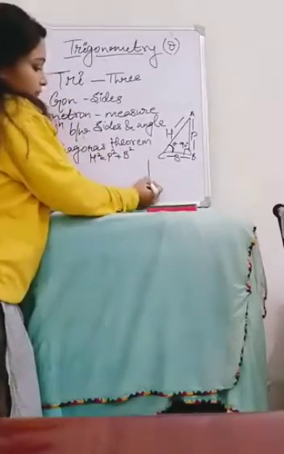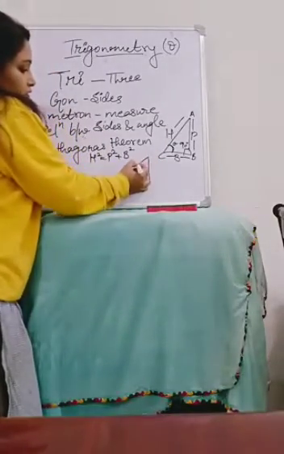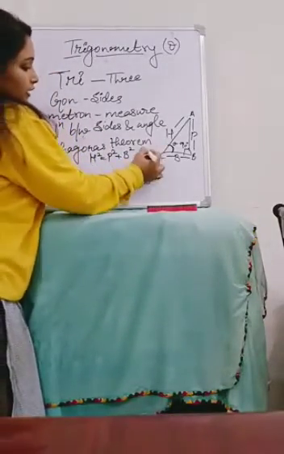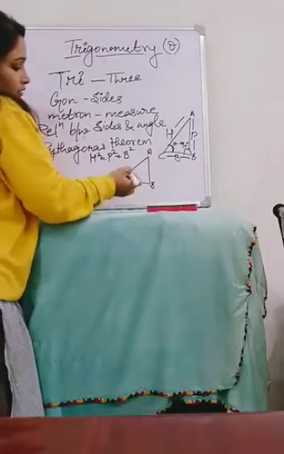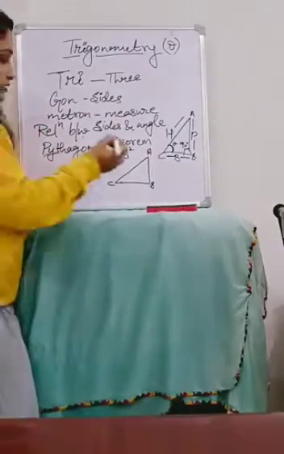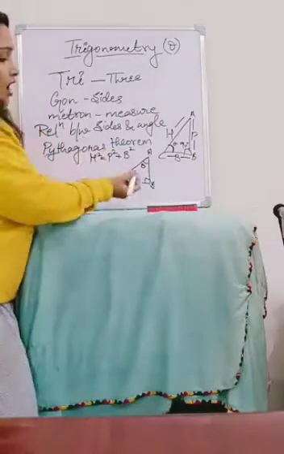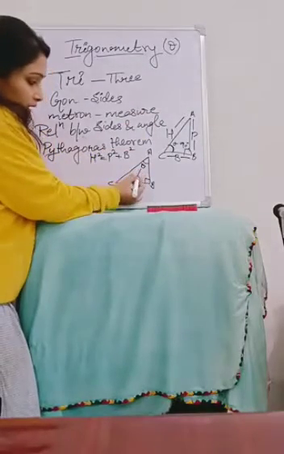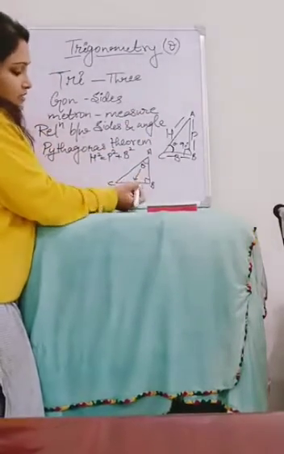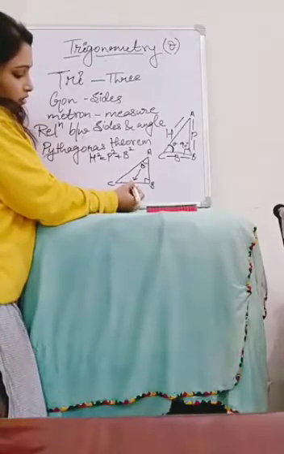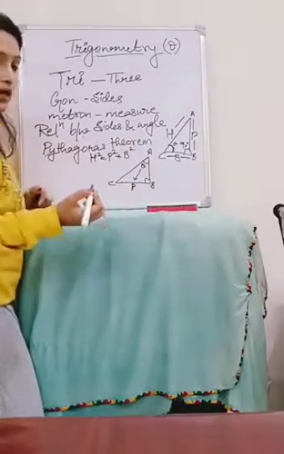I am making a triangle A, B and C. Here is theta and this is 90 degrees. Opposite to theta is the perpendicular.